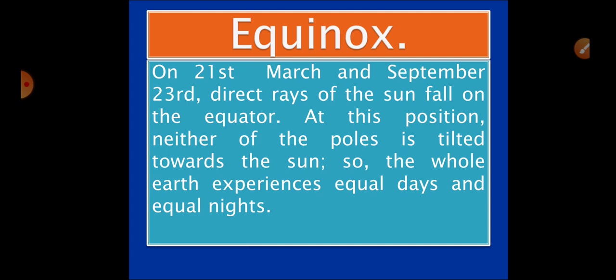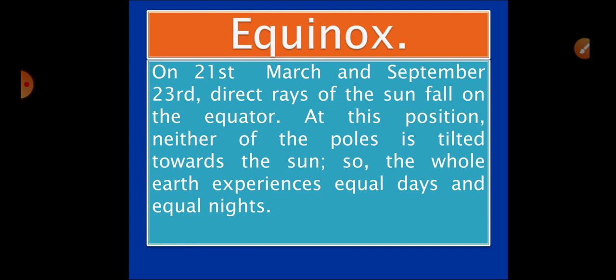Coming to this equinox. Equinox, as I told you, is the position of the earth on 21st March and 23rd September, when direct rays of the sun fall on the equator.